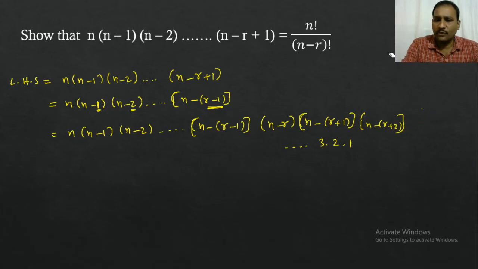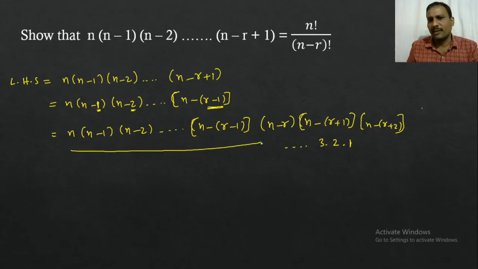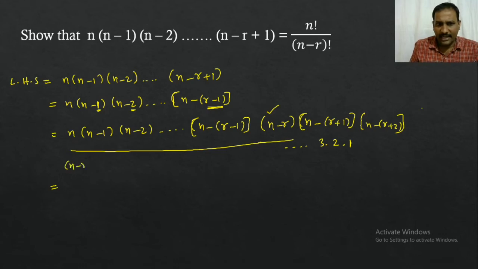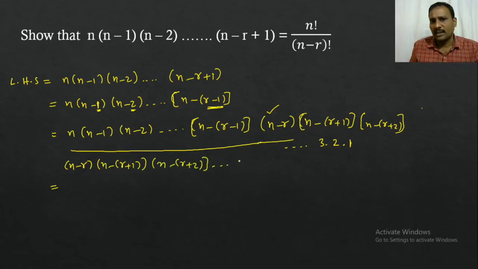But we have to balance this by dividing the terms which we have multiplied here. So that is what we have to divide with: n minus r into n minus r plus 1 into n minus r plus 2 so on up to 3 into 2 into 1.